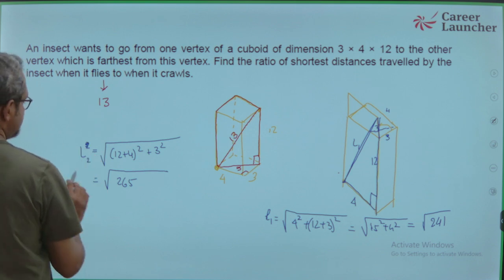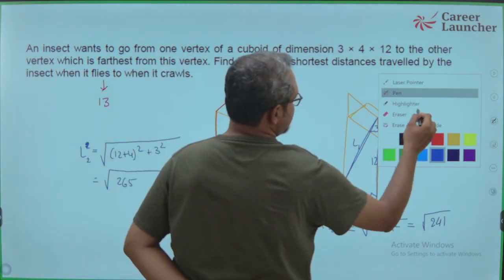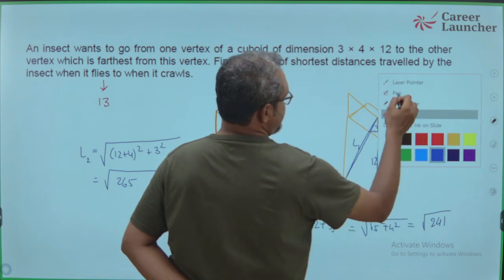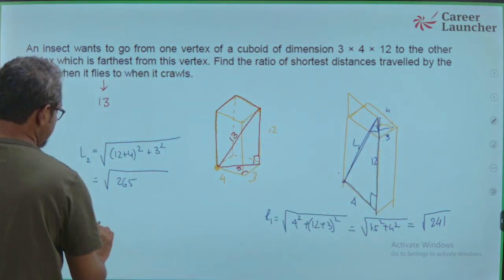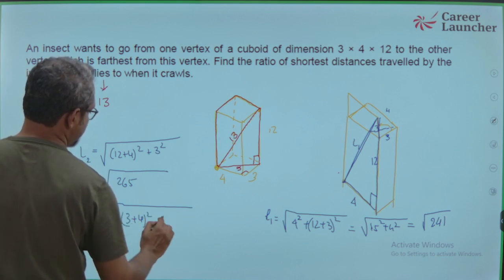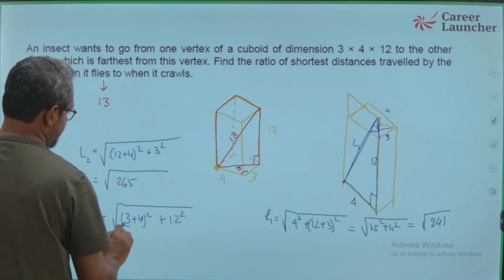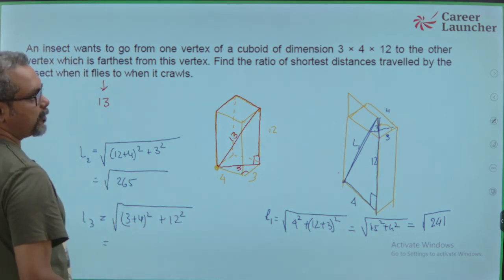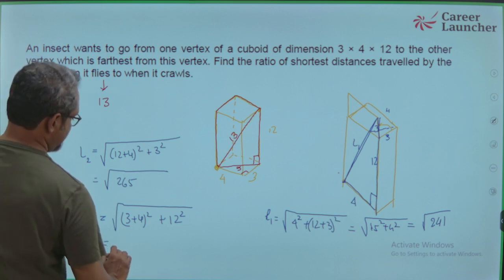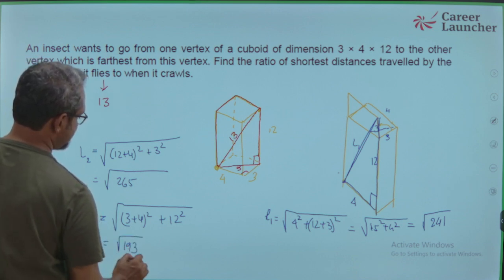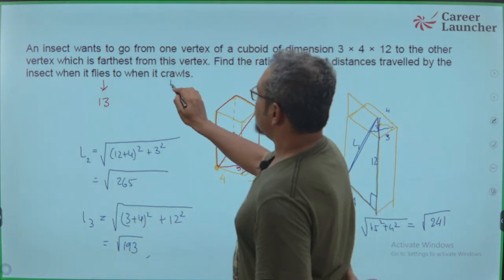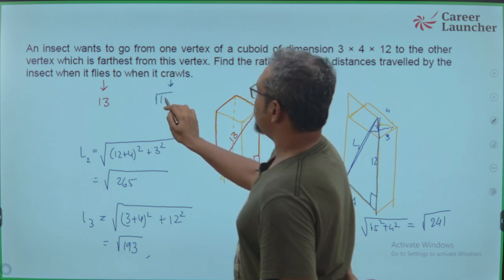And the last one, L3, we will club 4 and 3. So that is 7 squared plus 12 squared, 144 plus 49. So that would be 193. So root over 193. That's clearly the shortest of them. So for the crawl, the shortest length will be root 193.